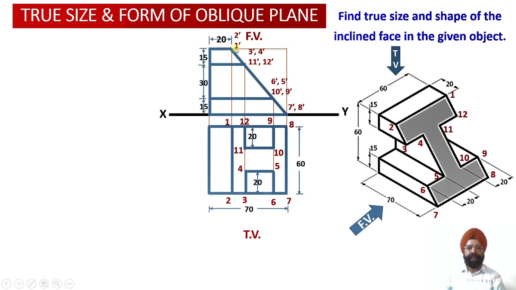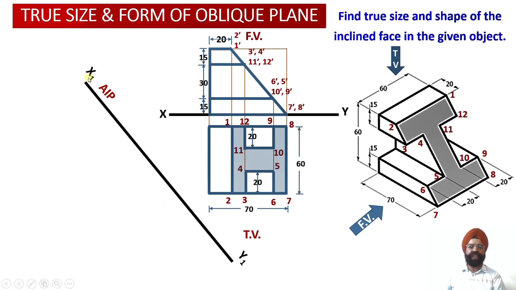Now having obtained the edge view of the inclined cut surface section of the solid, which is this one, we need to evaluate the true shape of this section surface. In order to evaluate the true shape of this sectioned inclined cut surface of the solid, we need to draw an auxiliary inclined plane, which is X1 Y1, and this auxiliary inclined plane will be drawn parallel to the edge view of the cut section.